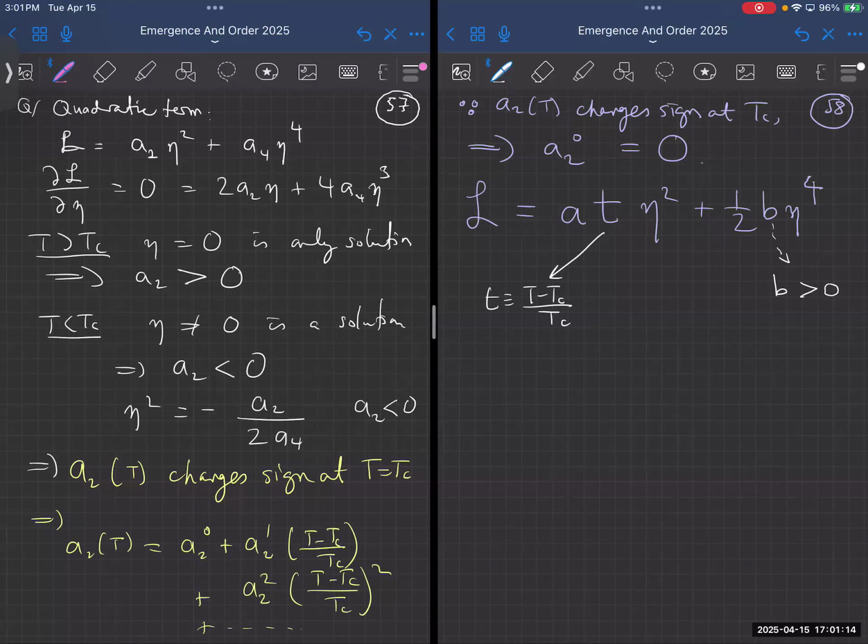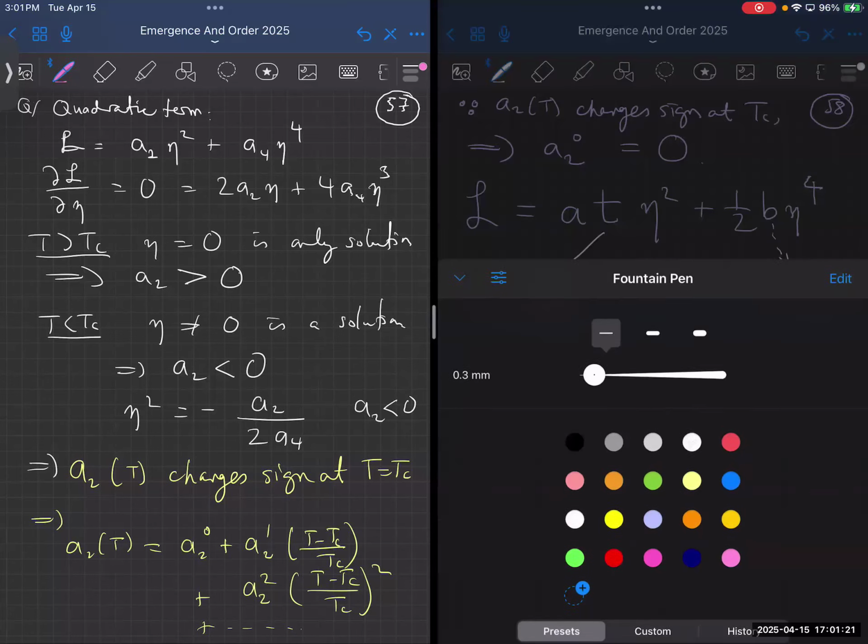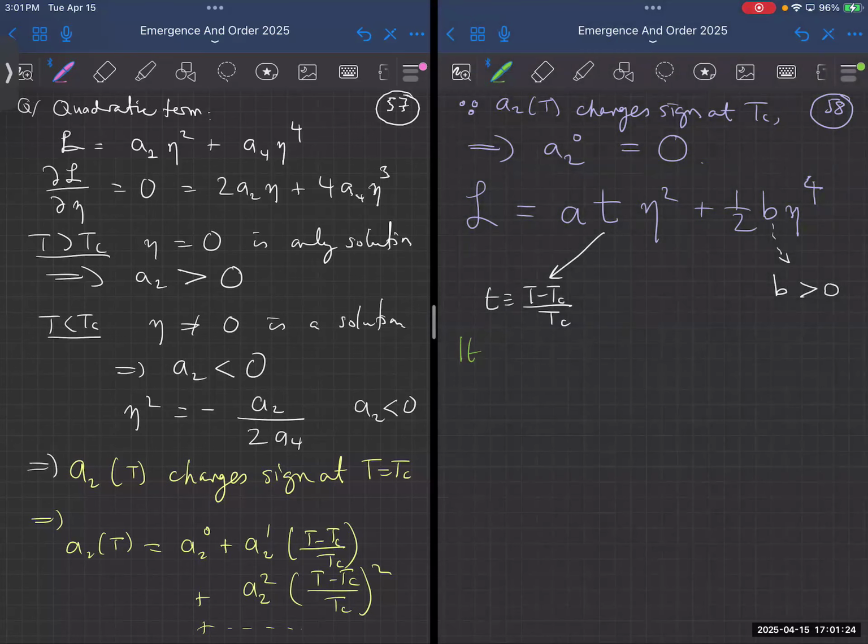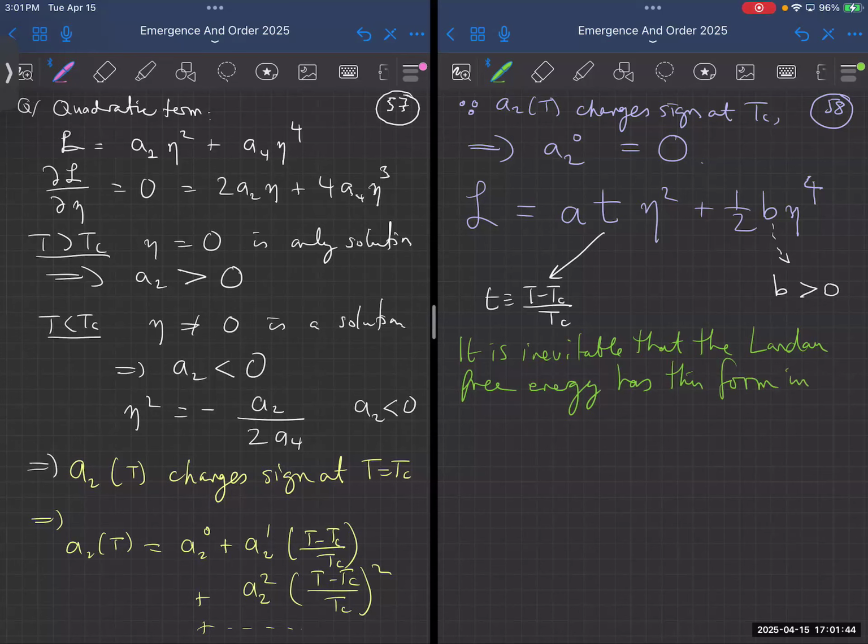And this has to be the functional form of the Landau free energy near the phase transition. So it is inevitable that it has this form in zero external field near TC.